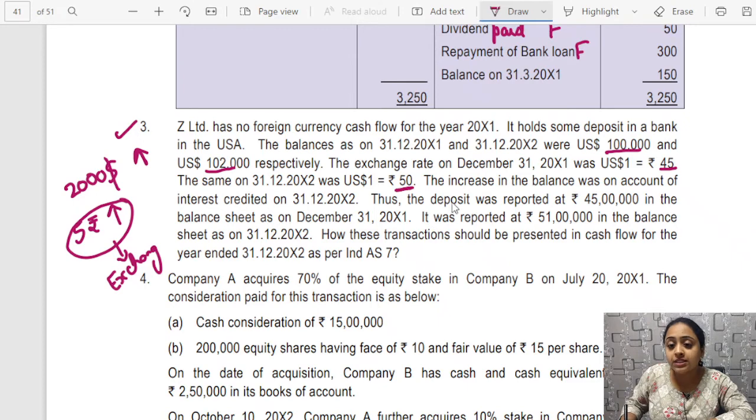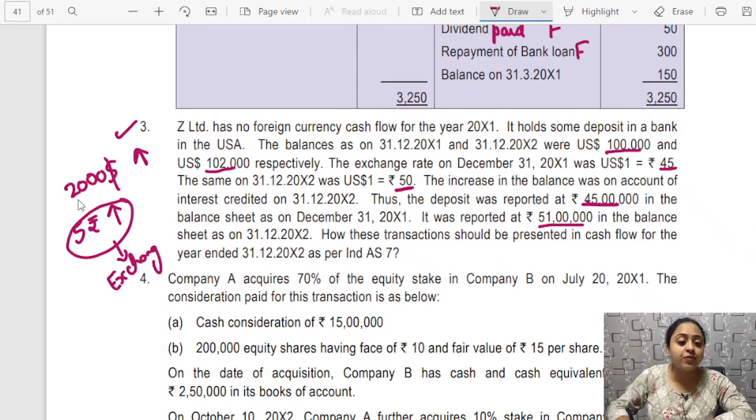The deposit was reported at 45 lakh in the balance sheet on 31st 12 2001, that is the opening figure, and at 51 lakh in the balance sheet on 31st 12 2002. What should these transactions present in the cash flow statement?